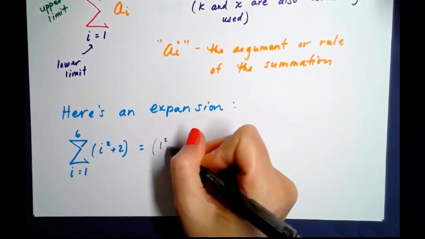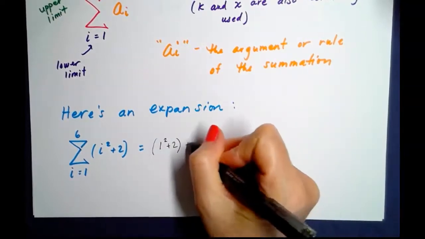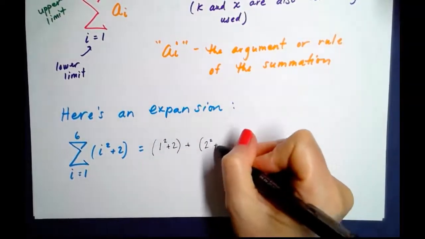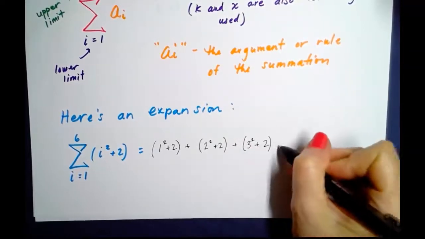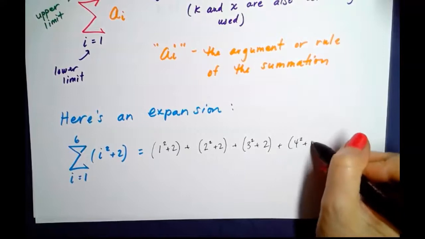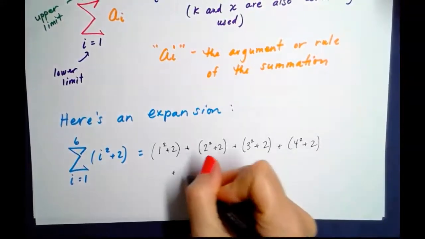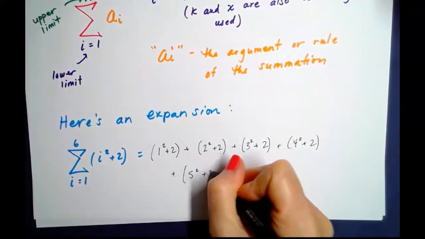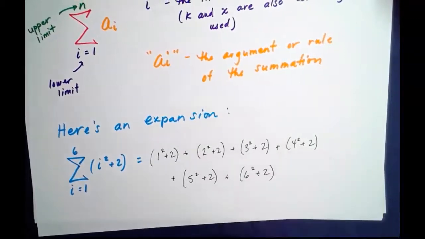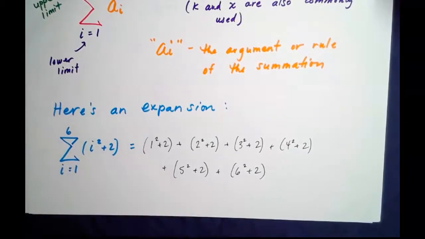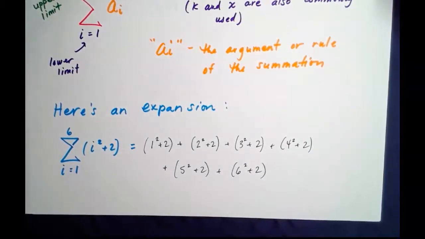So here's what we've got: 1 squared plus 2, plus 2 squared plus 2, plus 3 squared plus 2, plus 4 squared plus 2, plus 5 squared plus 2, plus finally 6 squared plus 2. So that is the expansion of the summation.